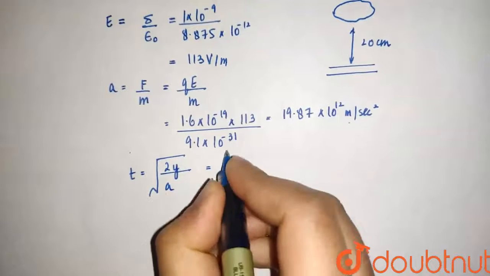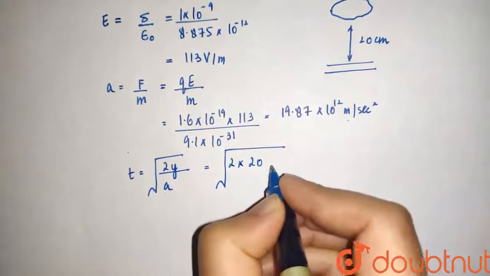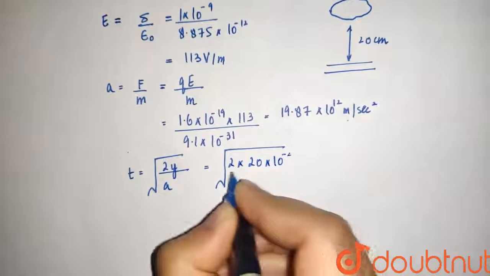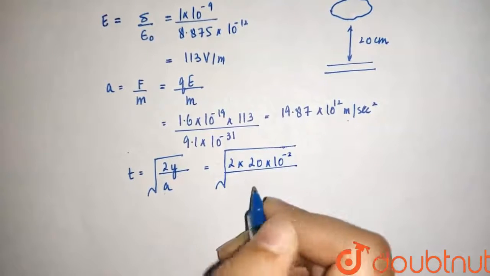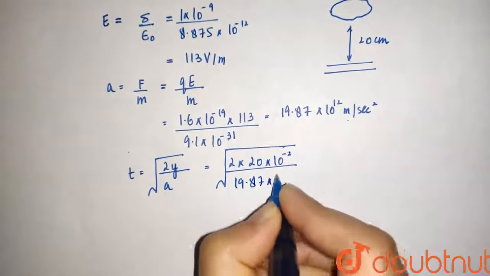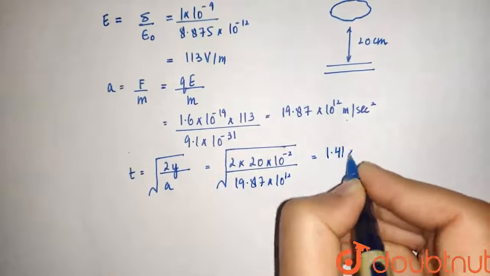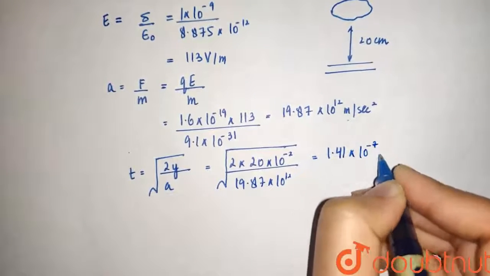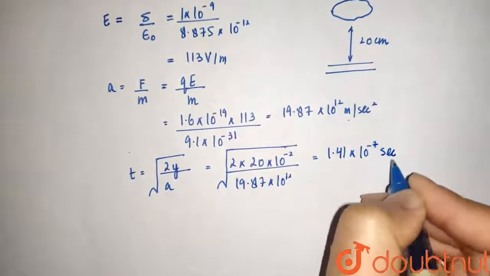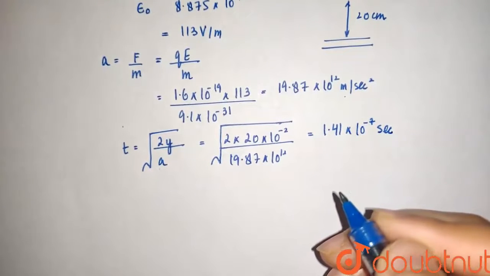And then we have displacement here as 20 centimeters, or 20 into 10 to the power minus 2 meters, divided by acceleration, 19.87 into 10 to the power 12. This comes out to be 1.41 into 10 to the power minus 7 seconds. Okay, and now we have to calculate velocity.